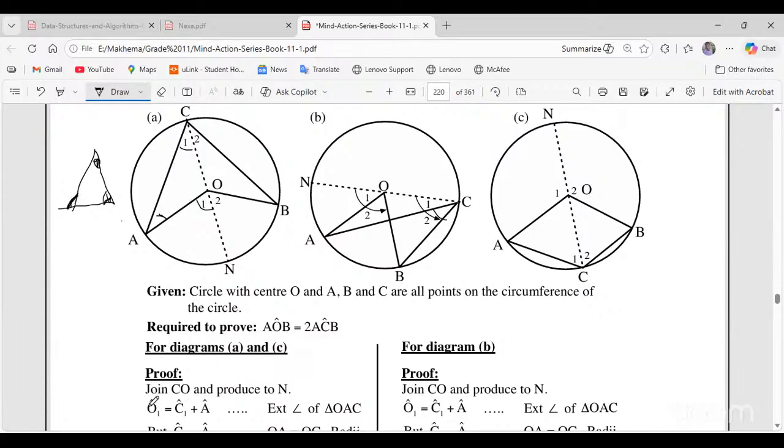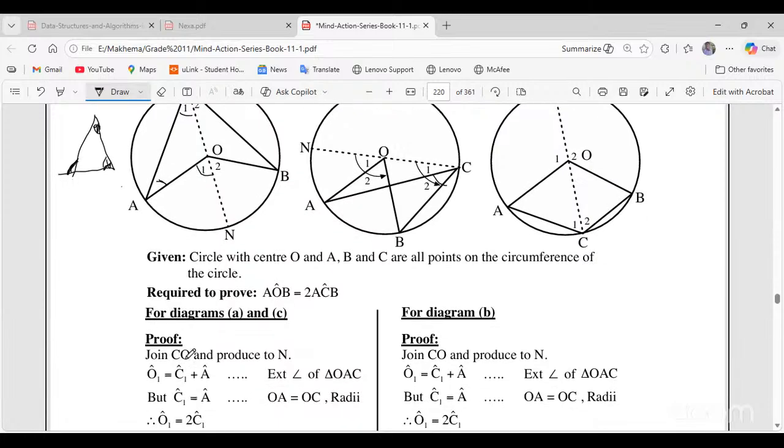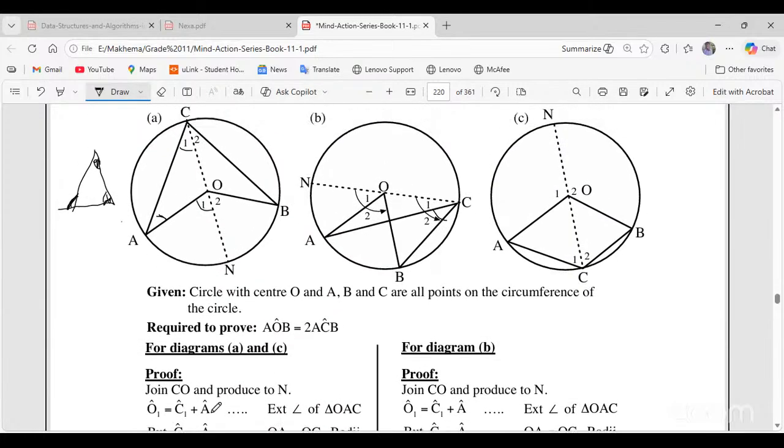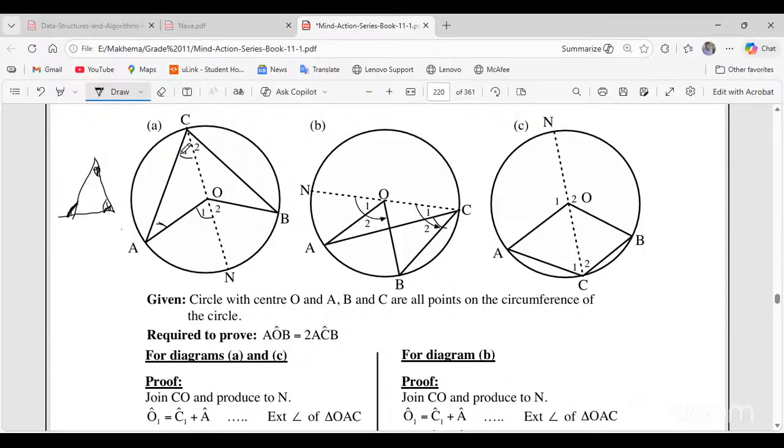The reason behind this statement is: exterior angle of triangle OAC. But C1 is equal to A. Why? OA is equal to OC, so triangle OAC is an isosceles triangle since this line is equal to that line.